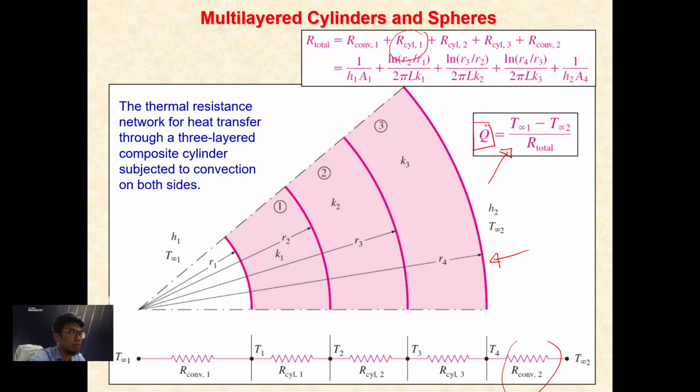Try to understand from the basics, then form that kind of formula, then solve for Q.